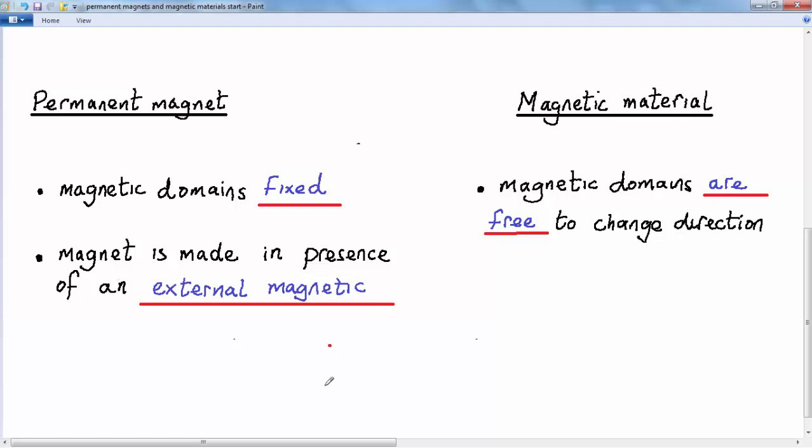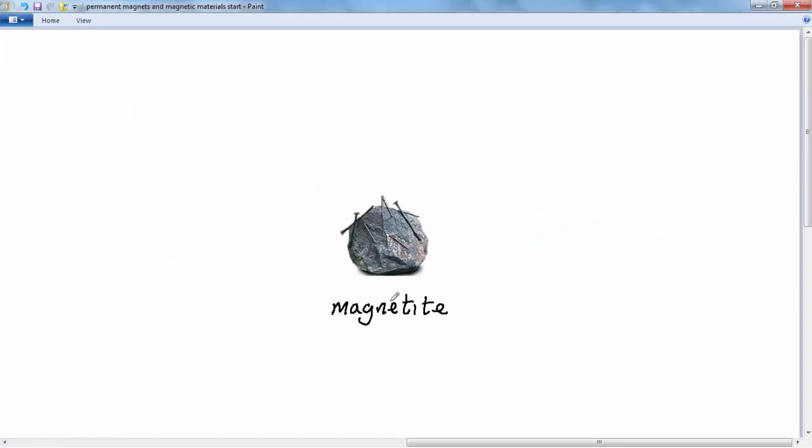A classic example of this is one of the oldest permanent magnets known to mankind, a naturally occurring ore which is found in the Earth's crust, and it is magnetized, it is magnetic. As with the standard ferrite magnets, it's made from iron oxide, Fe3O4, which is a ferromagnetic material, which possesses magnetic domains.